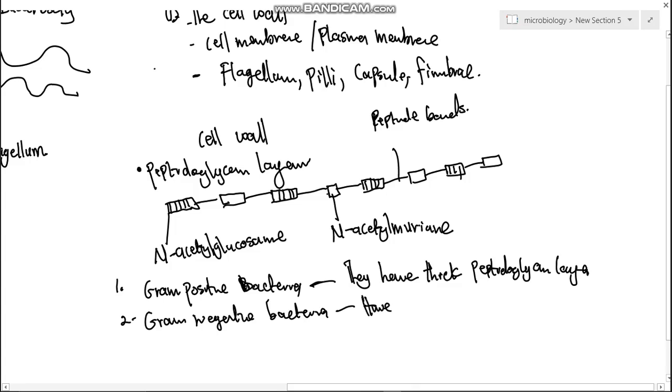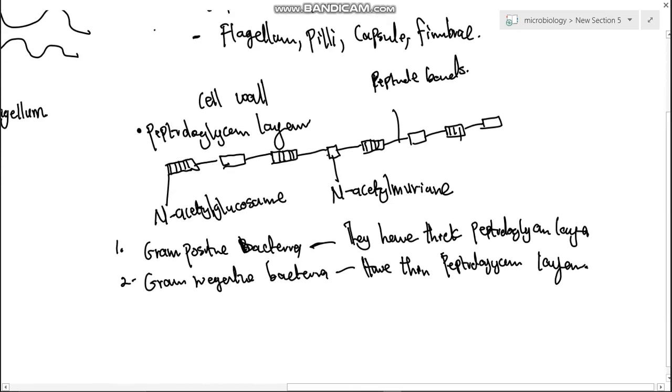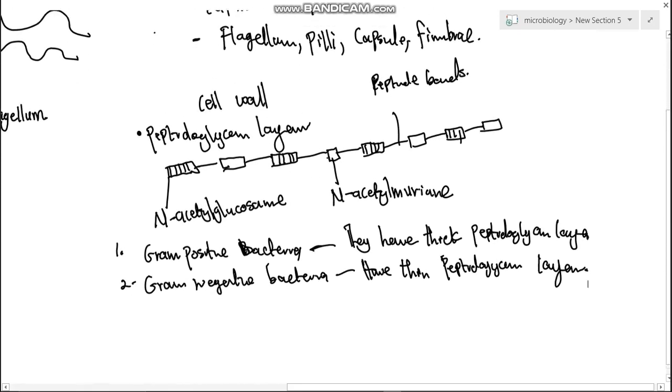They have a thin peptidoglycan layer. So the cell wall distinguishes the bacteria into two forms: gram-positive bacteria and gram-negative bacteria. Gram-positive bacteria have a thick peptidoglycan layer, and gram-negative bacteria have a thin peptidoglycan layer.